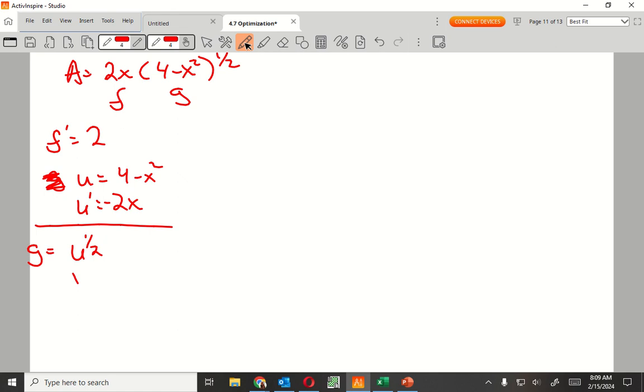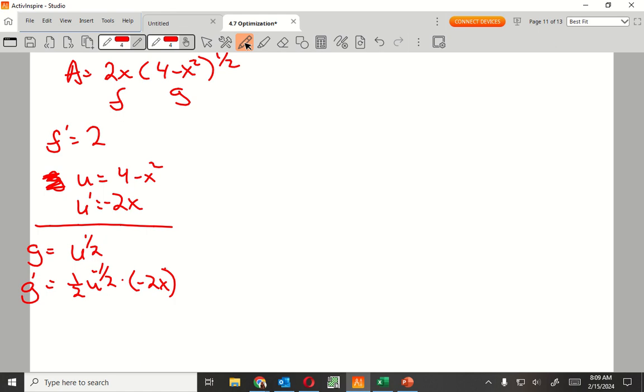The derivative is 1/2 U to the negative 1/2 times U prime, which is negative 2x, and then put back the U.